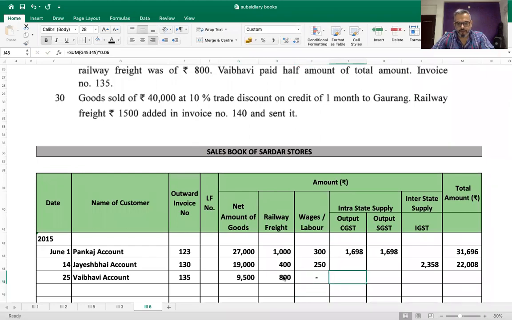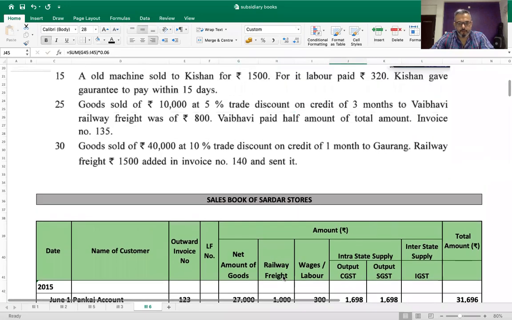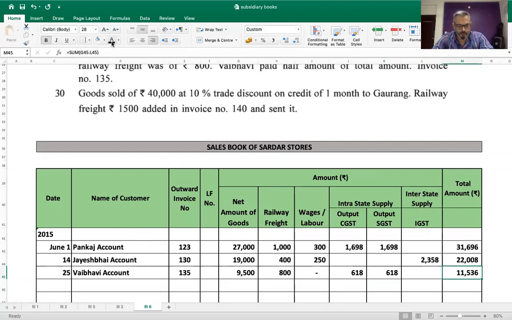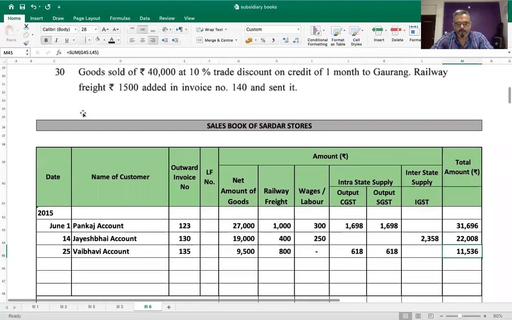Wages 0. Now Vaibhavi is within the state, so it is an intra-state supply. So do the total 9,500 plus 800 into 6%. So it comes to 618. And output also 618. And then do the totals. 11536.